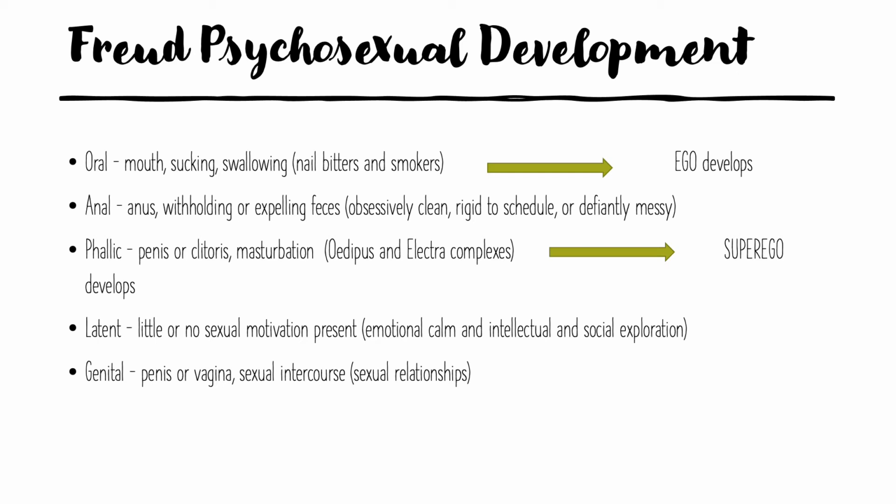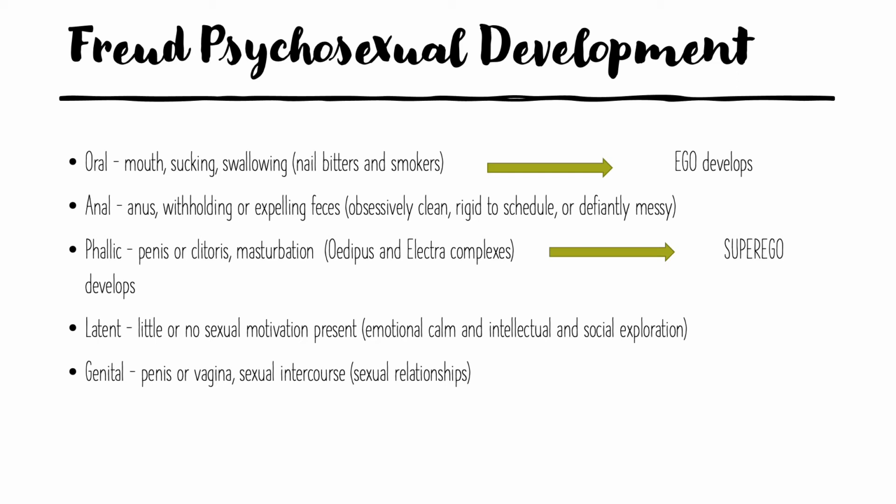The anal phase focuses on the anus, withholding or expelling feces. The belief was if you either under or overemphasize this area and for some reason are too gratified or not gratified enough, you may become obsessively clean, rigid to a schedule, or defiantly messy.